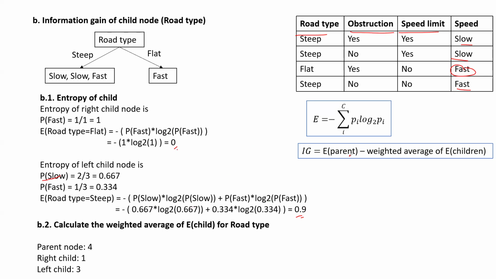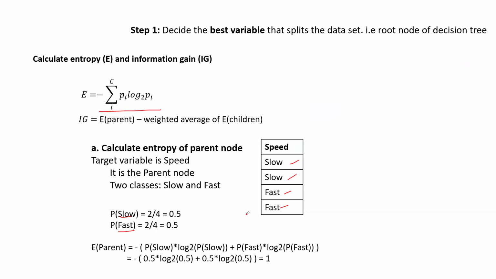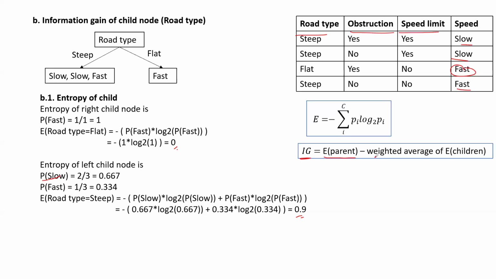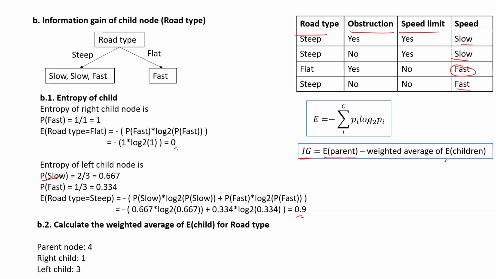Now we have to calculate the information gain. We have already found the entropy of the parent as 1. So it is the entropy of the parent minus the weighted average of the entropy of the children. Now the entropy of the road type is my child. We know the parent is 4, the right child is 1, and the left child is 3.